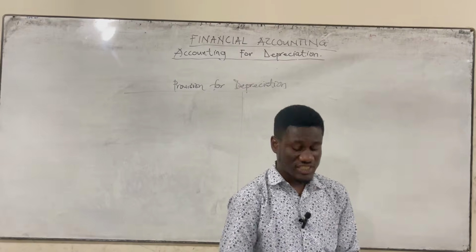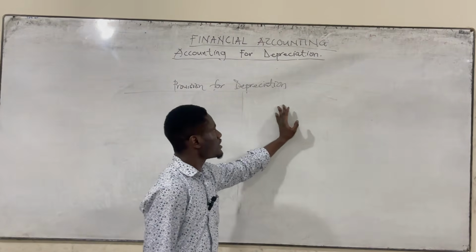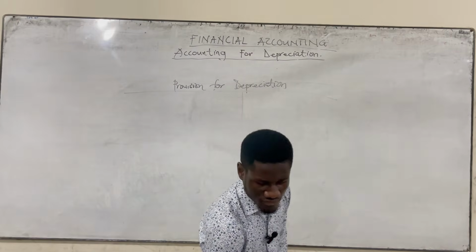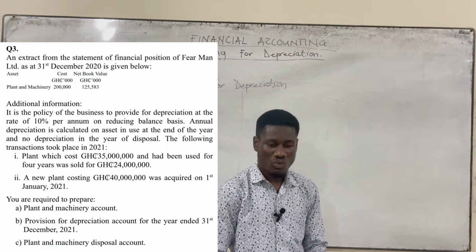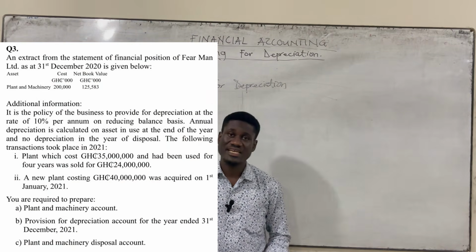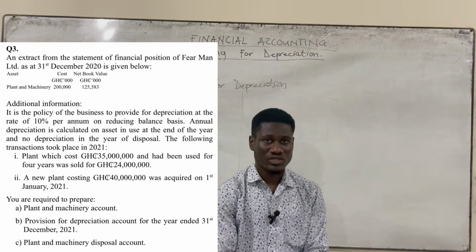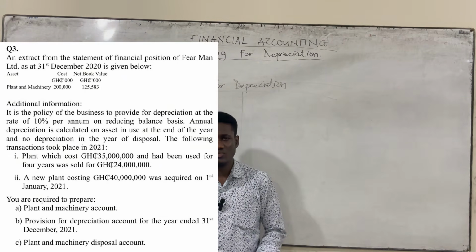How do we get our balance BD? We know that in the question, the 200,000 had a net book value of 125,583. So to get our provision, the new cost was 125,583.